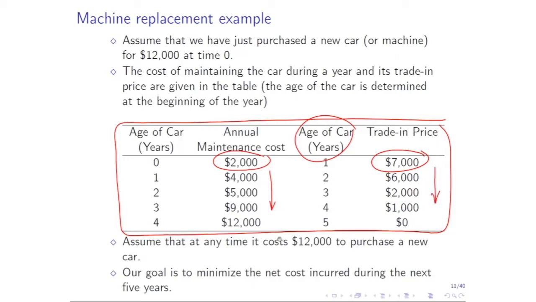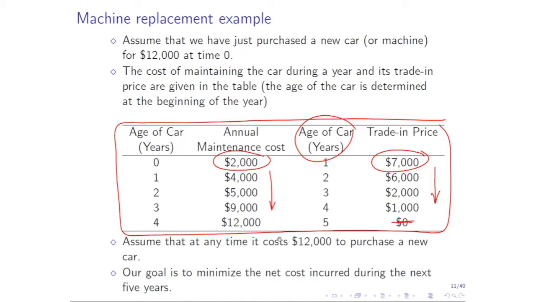Of course, as the age of the car increases, the trading price decreases. So if you decide to keep the car for 1 year and then sell it, you can sell it for $7,000. If you keep it for 2 years, you can sell it for $6,000, but after 3 years its worth is $2,000, and so on. And after 5 years it is worth nothing.